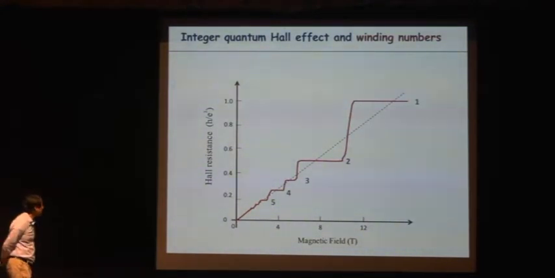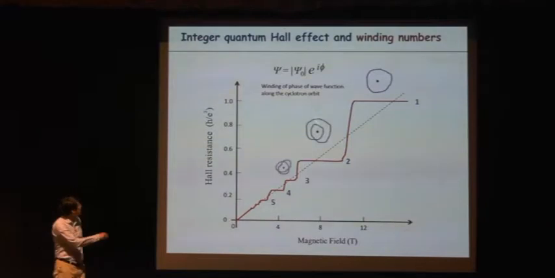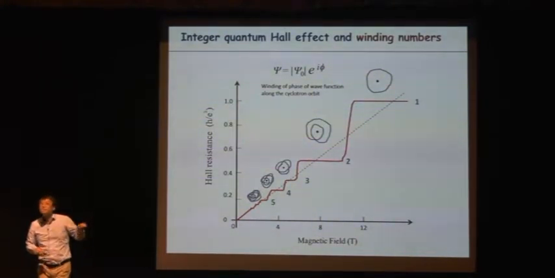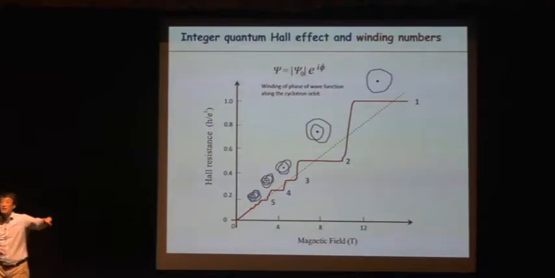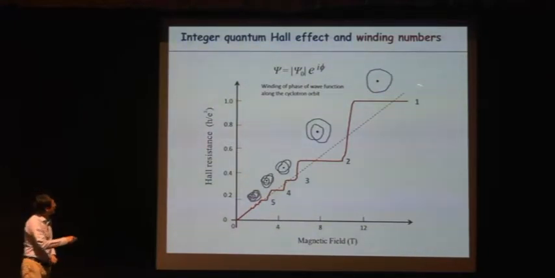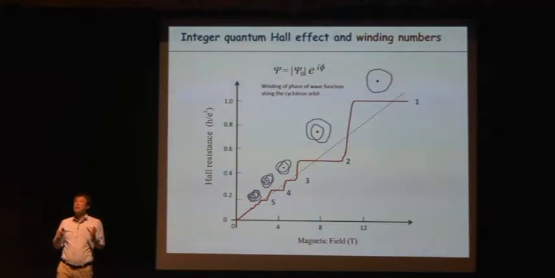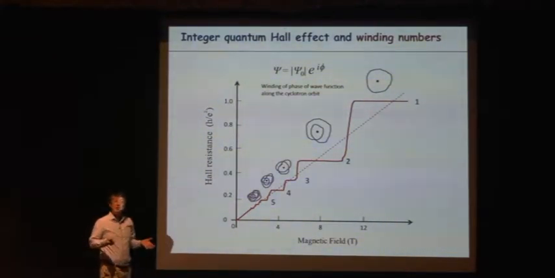It turns out, if you look at the quantum mechanical wave function describing the cyclotron orbits, the phase angle circulates around when electrons make one cyclotron orbit, and how many times this phase angle circulates around the cyclotron orbit gives us that integer number, because the winding of this phase angle must be an integer.